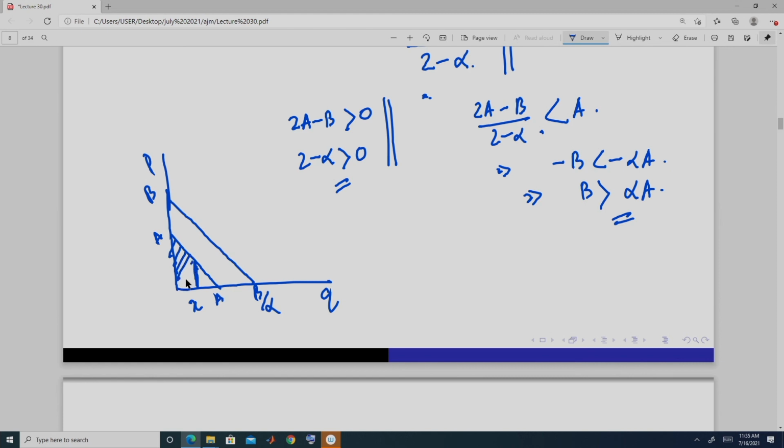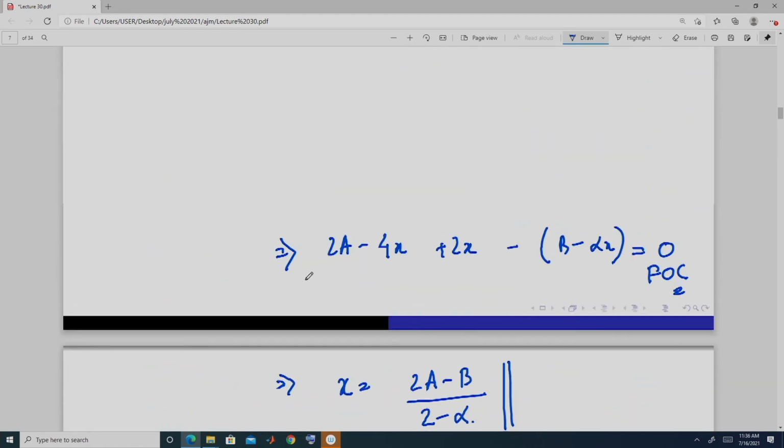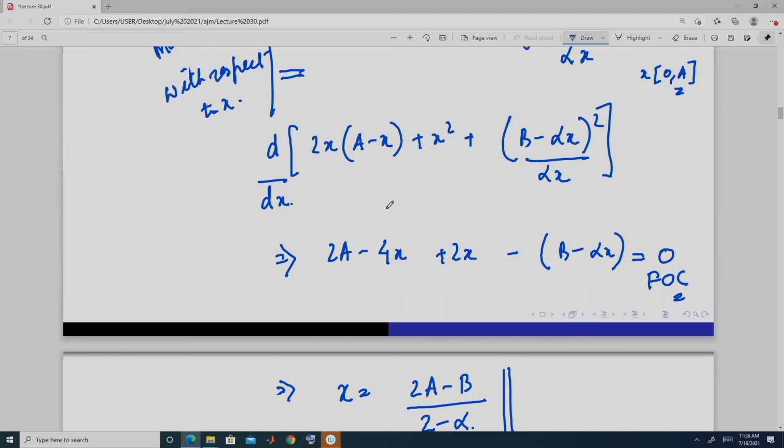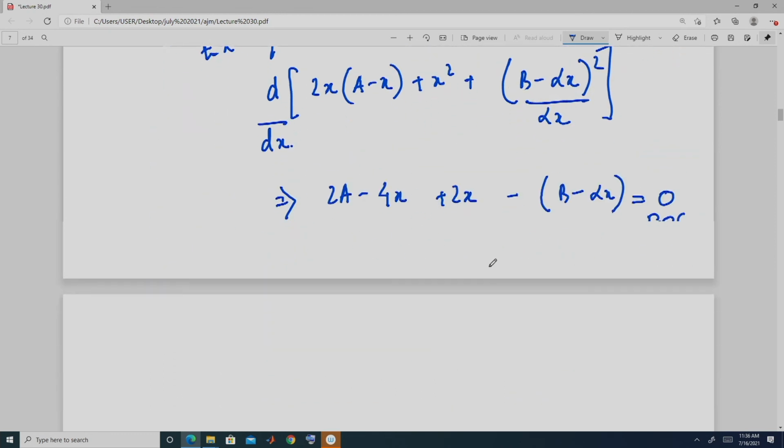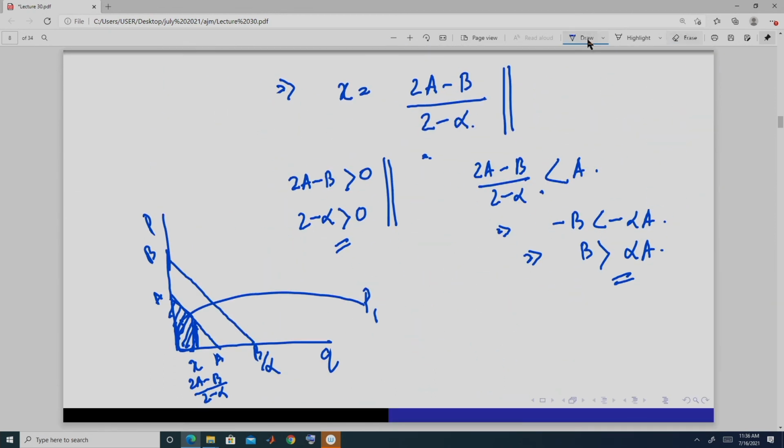So, the price P1 is equal to this region, and this region is P1, which is actually equal to, since this x is equal to 2A minus B divided by 2 minus alpha, if we plug in that here in this portion, we will get it. And P2 is this region plus this region.